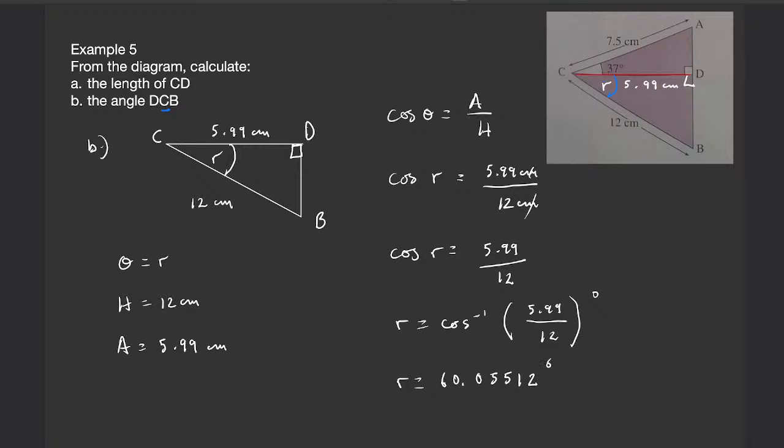Of course, we'll be putting this to three significant figures, so therefore R is equal to 60.1. Let me write this better. R is equal to 60.1 degrees. That's 3 sig figs, and that is my answer.